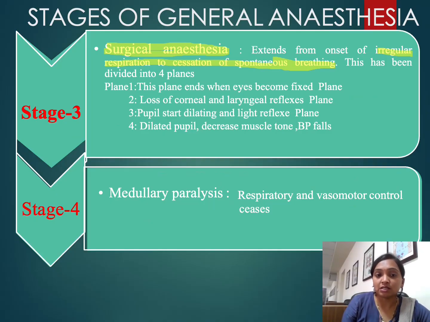Stage 3, plane 2 is the stage where we perform surgical anesthesia. This is very important. In stage 3 plane 2 there will be loss of corneal and laryngeal reflexes. This is when we perform general anesthesia.